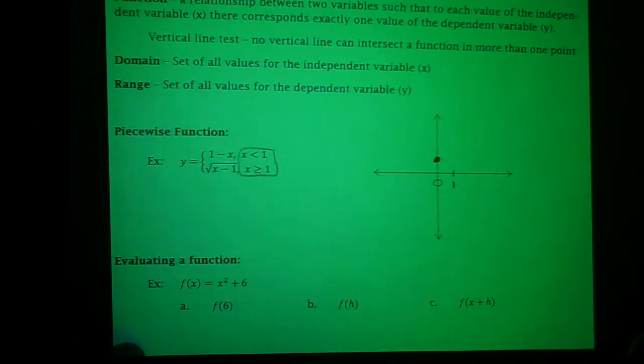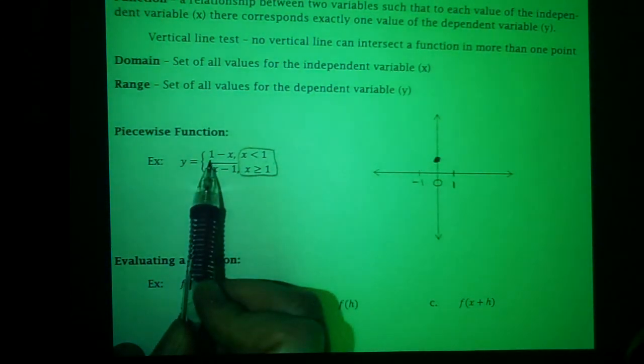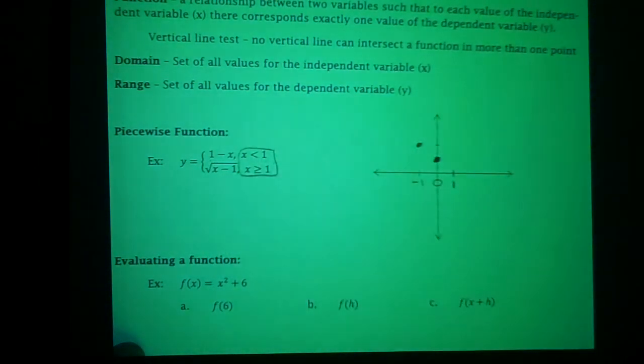And if you plug in the number negative 1, which again would go into that top piece, 1 minus negative 1, you'll get out the value 2. And that makes sense because 1 minus x is the graph of a line with a slope of negative 1 and a y-intercept of 1.